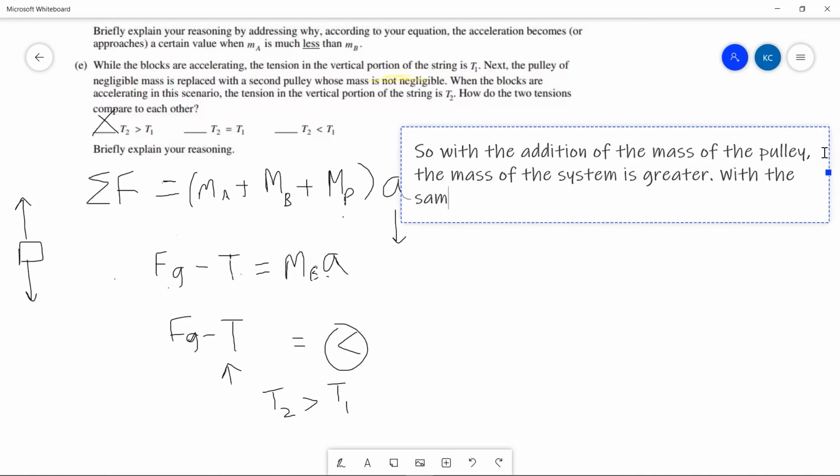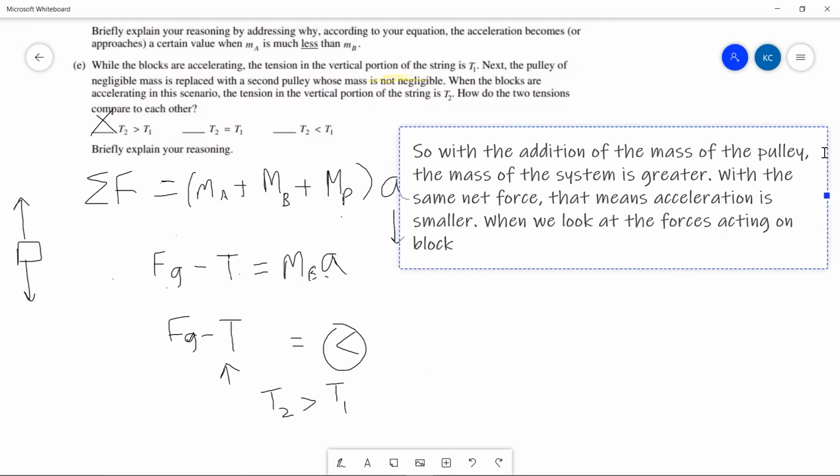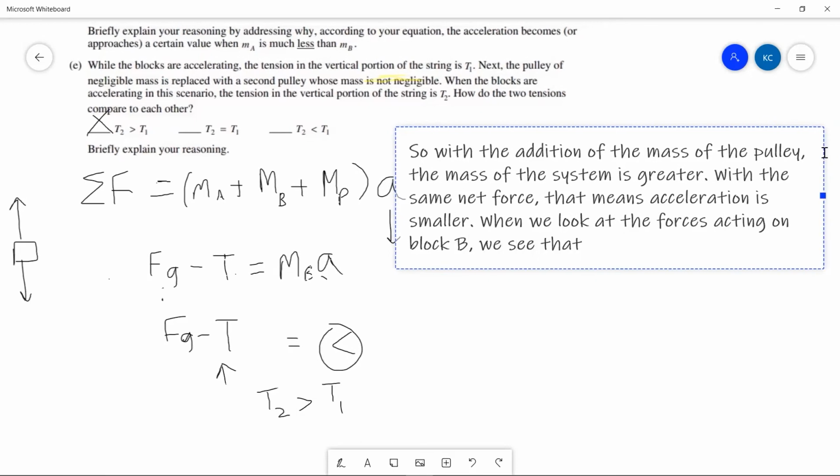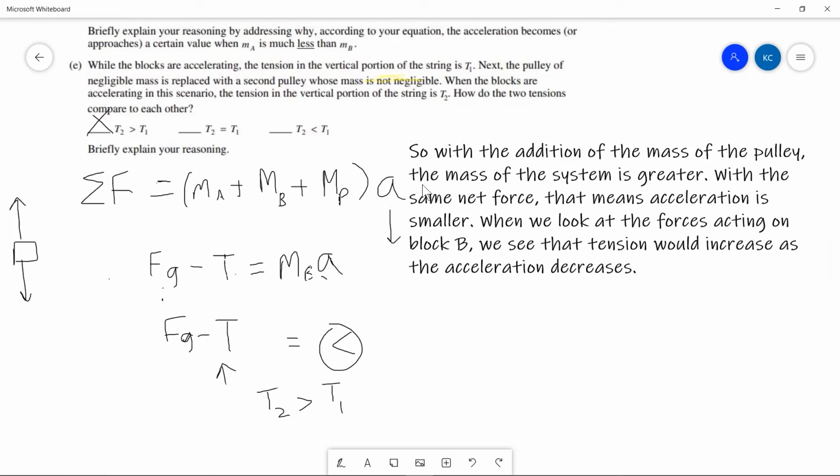With the same net force, that means the acceleration of the system is smaller.